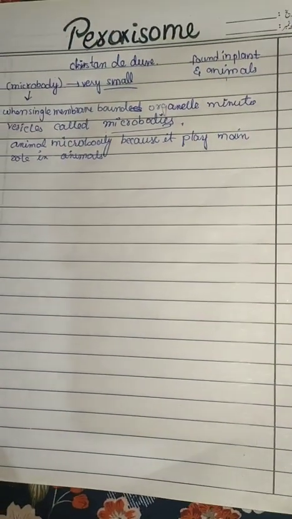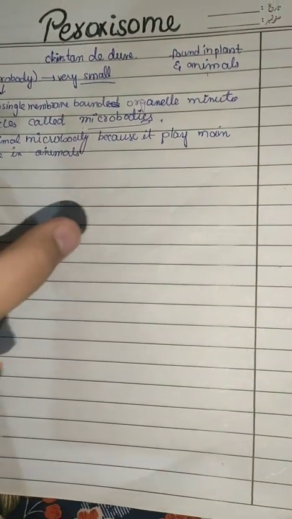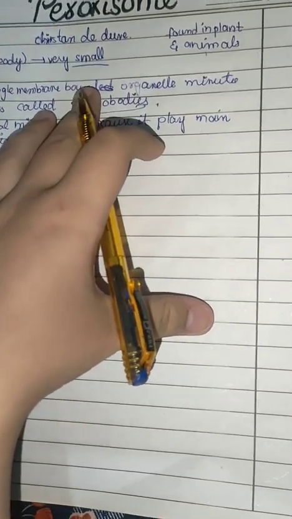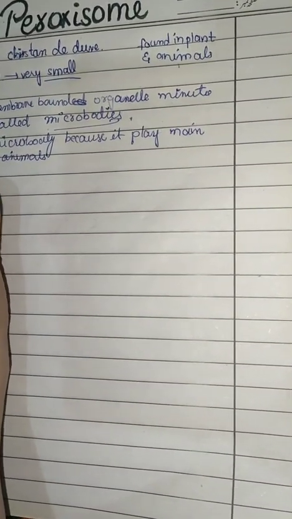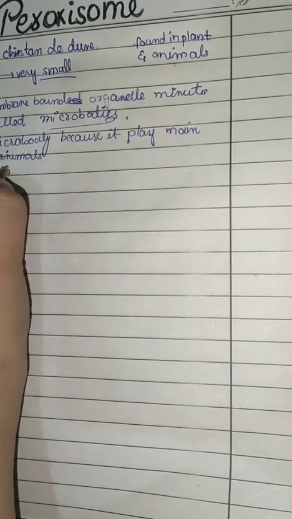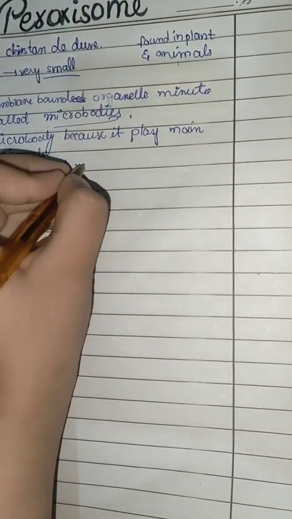Fine. Hopefully it is clear to you. Now the peroxisome is found in liver, kidney and brain cells.